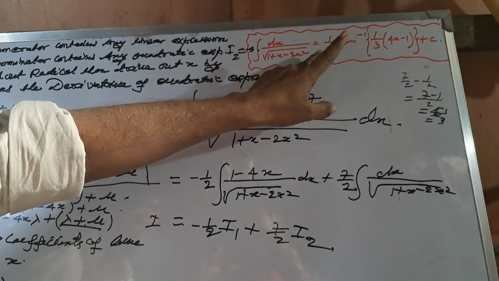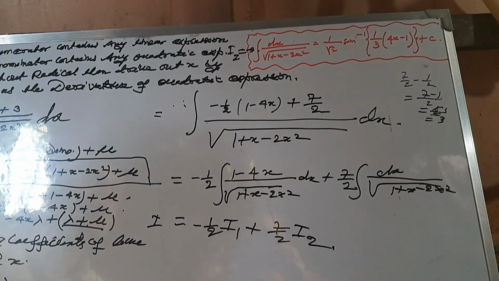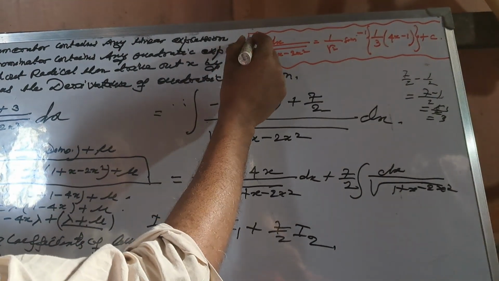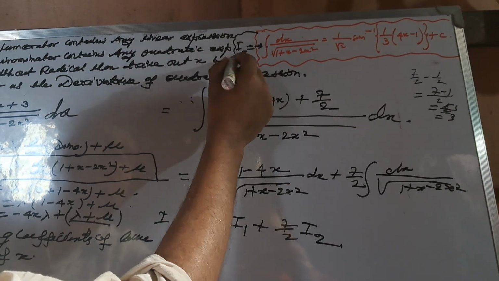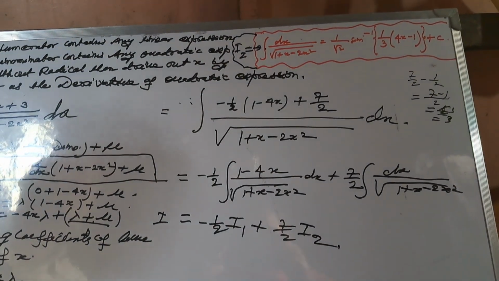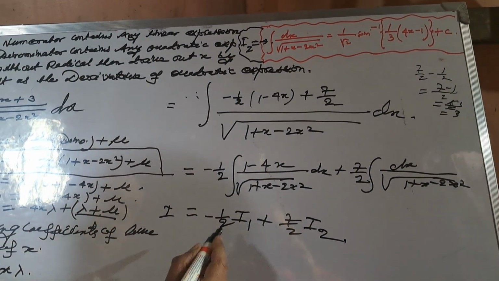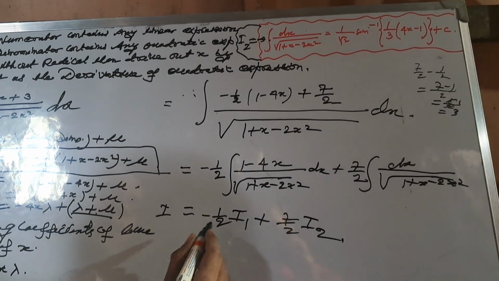You can verify from there and tally this. I2 has already been evaluated by me, so there is no need to evaluate it again. So I will evaluate I1.